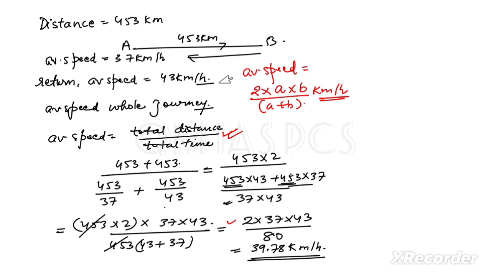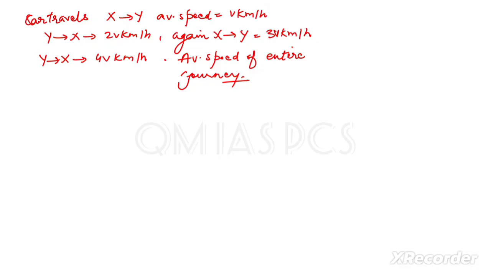Fine. Now we are moving to one PYQ based on average speed. This was a question from UPSC 2020. It is given that a car travels from place X to Y with an average speed of V kilometers per hour.